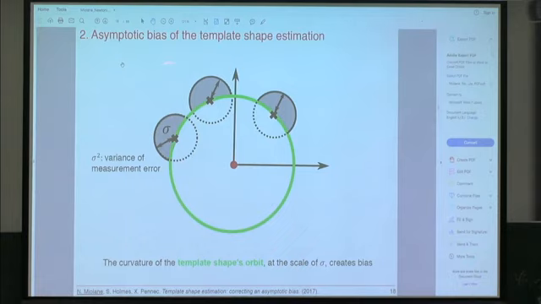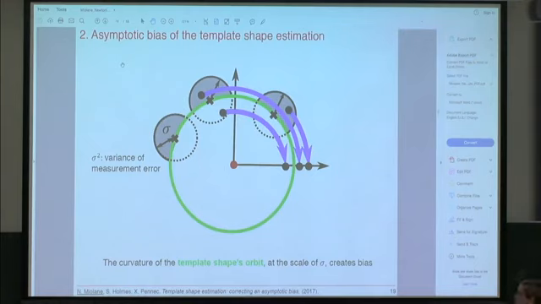When you do that, you see that because of the curvature of the template shape's orbit, there is a higher probability that the observations will be generated outside, in that case, of the template shape orbit. So during the estimation procedure, when you register all the data points, when you project them in the quotient space, there will be more points on that side than on this side.